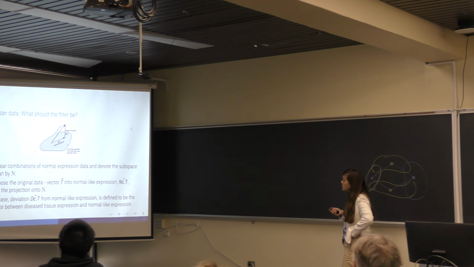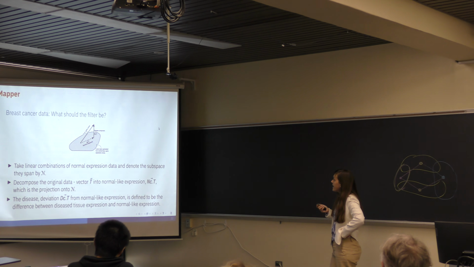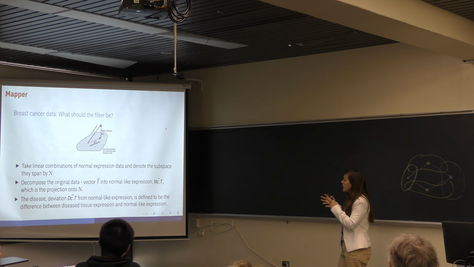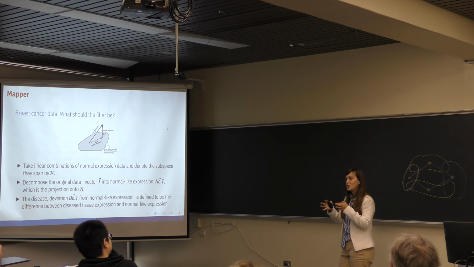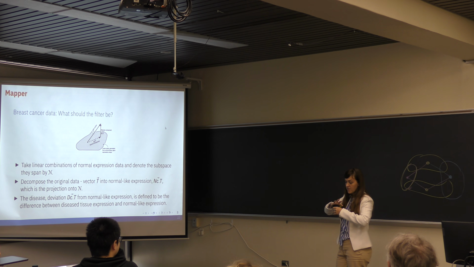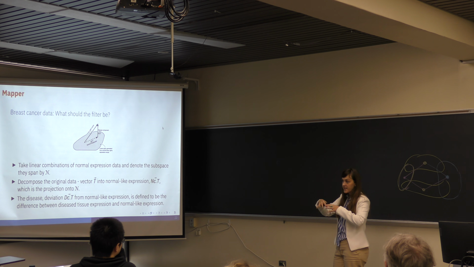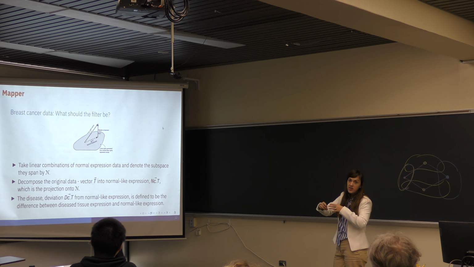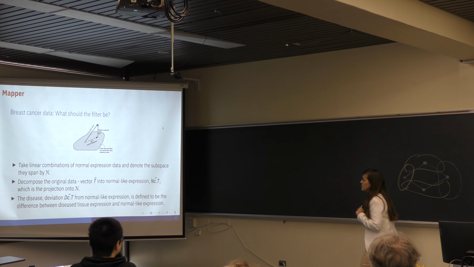So in this particular paper, they had a notion of what it means to be healthy. They had people that were healthy and they had their gene expression data. So what they did was they took vectors representing the healthy people and they spanned a vector space with those vectors.